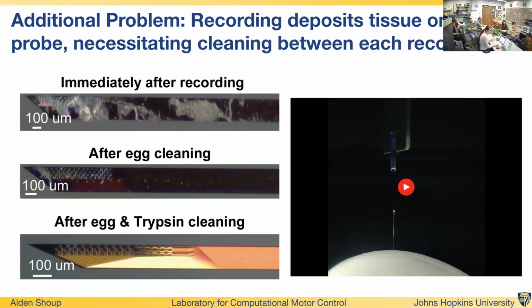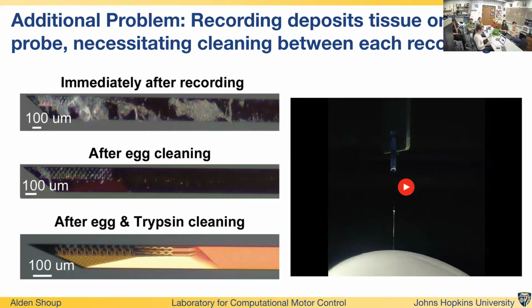So in addition to that, we wanted to tackle another problem, which is that we would pull the probe out of the brain and you would see tissue deposit on the probe. And, you know, you talk to any lab and everyone has a different way of cleaning their probes.